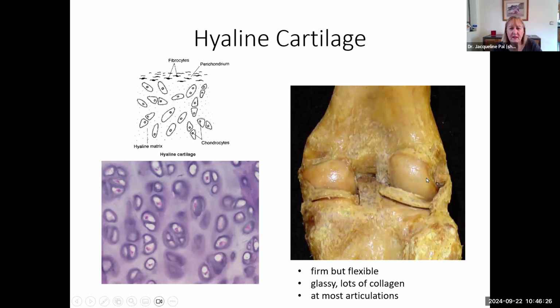So this is where your weight is being transferred. And so right here where you can see this smooth condyle, this is the articulating cartilage from your femur, which is hyaline cartilage. And this is for your tibia down below.